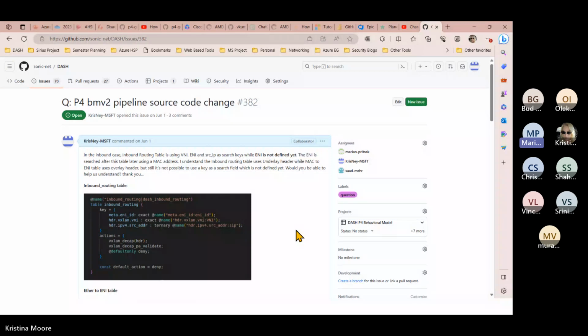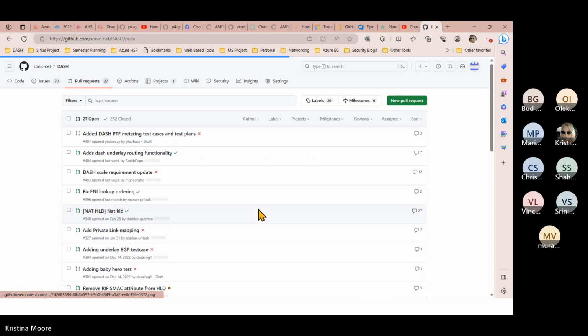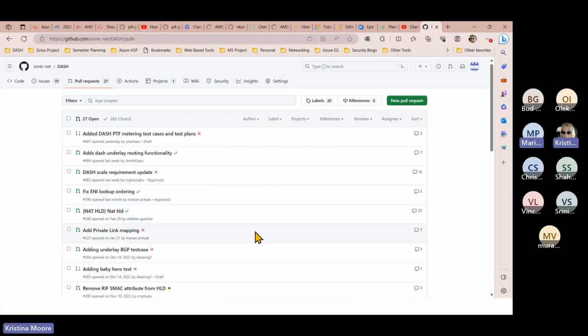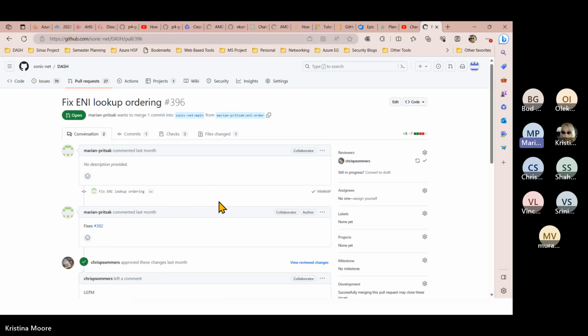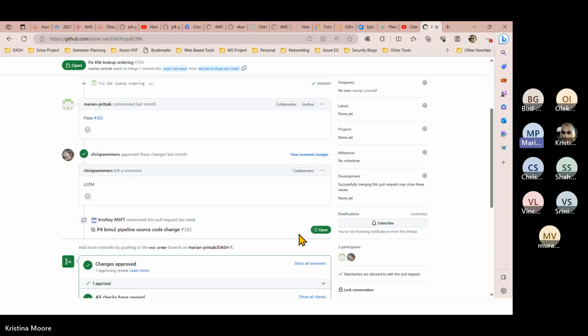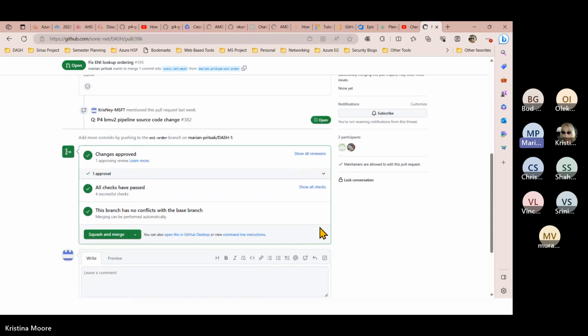So the way to fix it, there is a pull request number 396. What it does is reorder tables so that ENI lookup now happens before decap. So instead of doing lookup on source and destination MAC, it does the lookup on source or inner source or destination MAC.